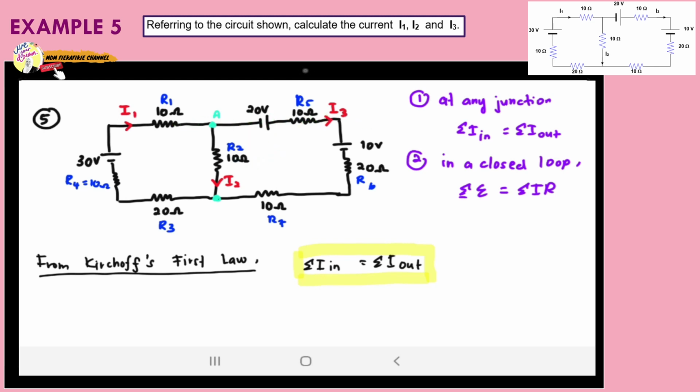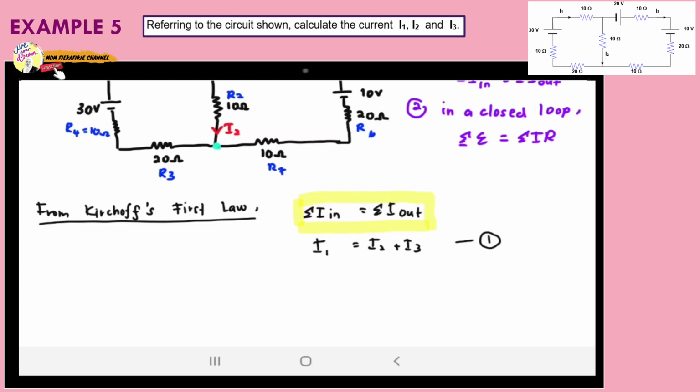So we can write I1, since I1 flows into the junction, is equal to the total current that goes out from the junction, I2 plus I3. This is our first equation from the first rule.